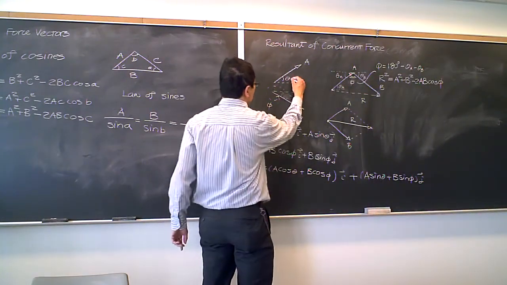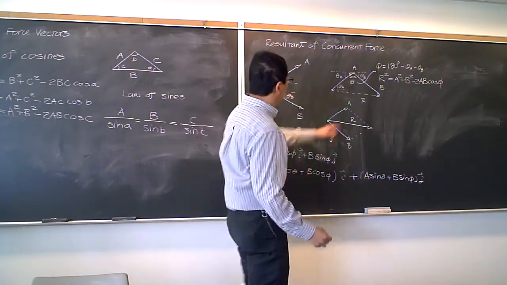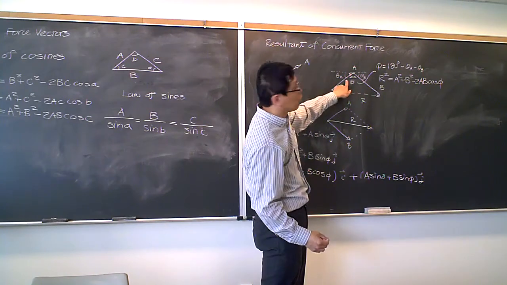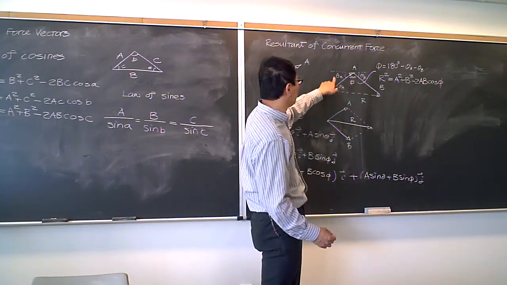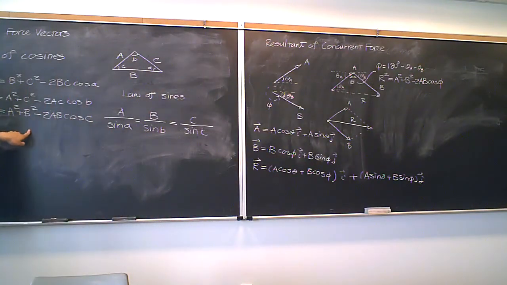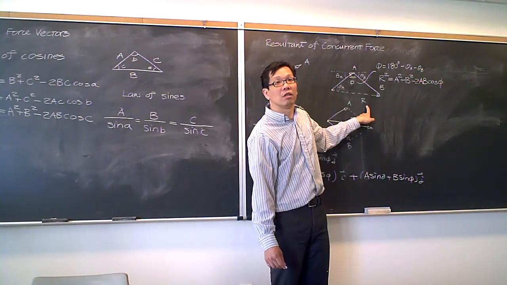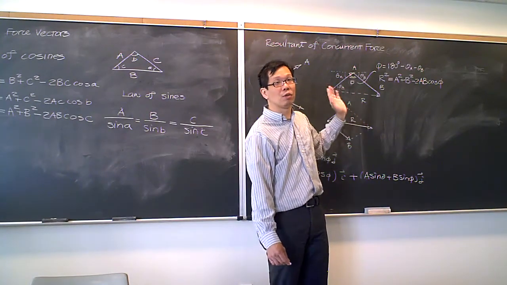So in that case, you know theta A, you know theta B. So when you know theta A and theta B, this angle over here is going to be 180 minus this angle and this angle. So with that said, we know the law of cosines. Then you should be able to find out the resultant of this combination, which should be straightforward.